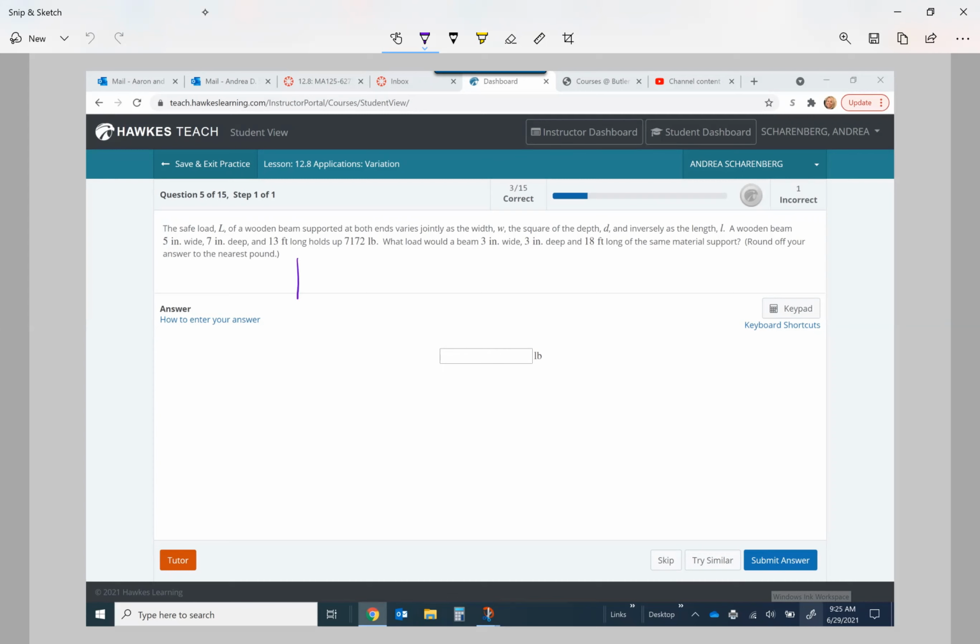Okay, so L is going to be equal to, it varies jointly, so you have your constant of variation, and jointly we're going to multiply times W, and then we're going to square a D, and then inversely means over L, which is little L, length.